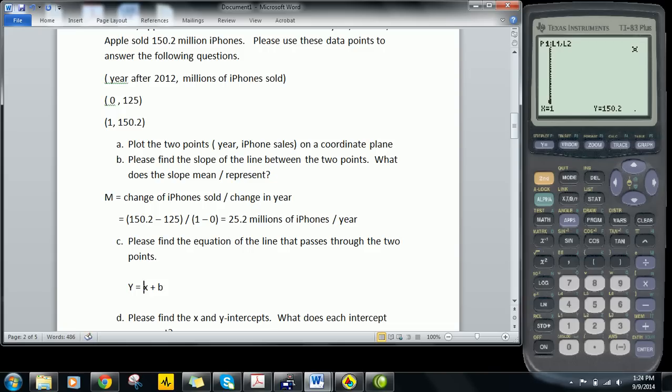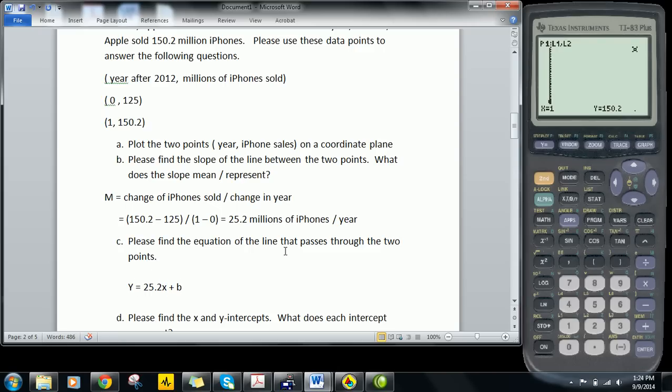So I can plug that in there right now. And now what I want to find is, what is the y-intercept? Something I should mention is that y in this case is the millions of iPhones sold, and x in this case is the year. Independent year, dependent iPhones in millions sold. So I need to nonetheless solve for b.